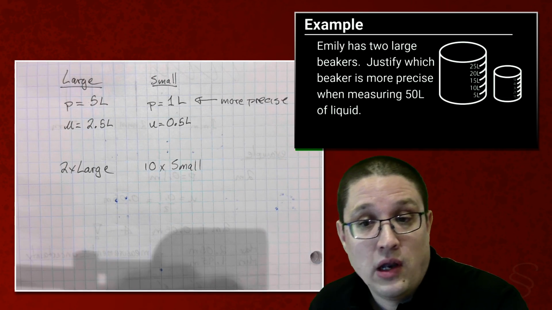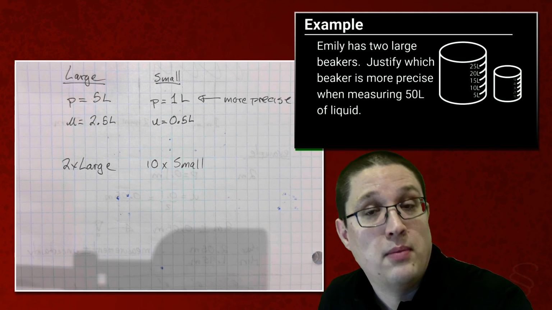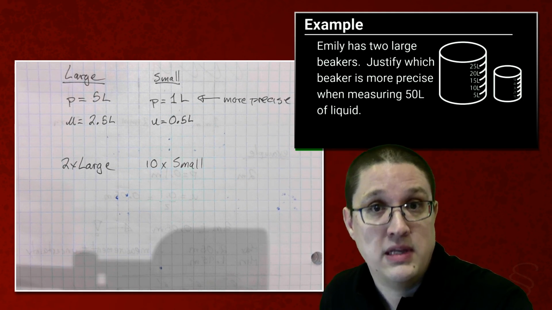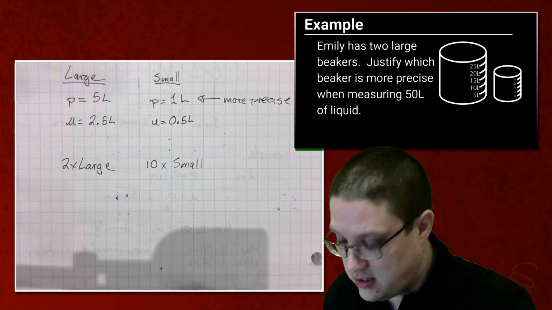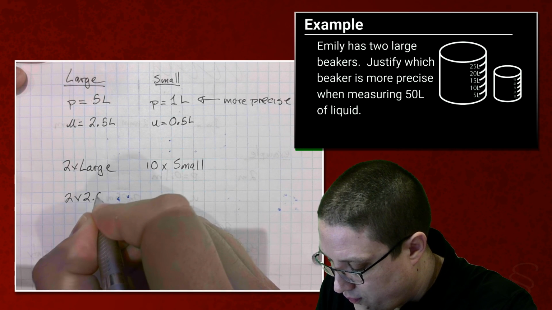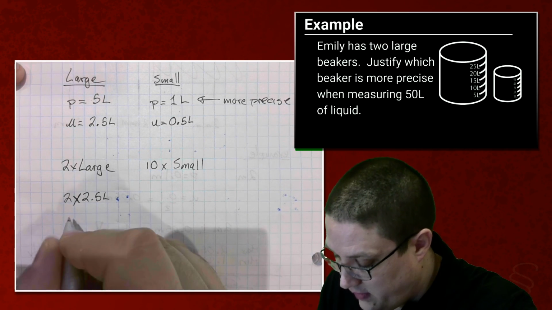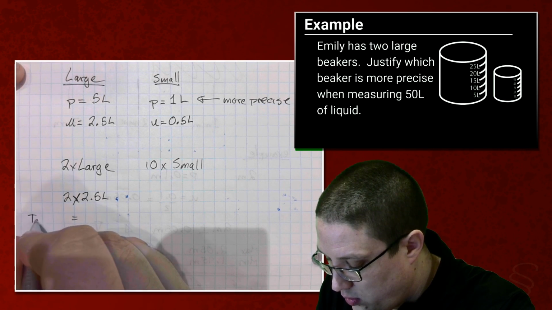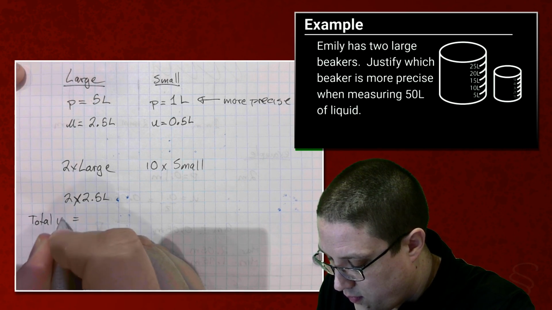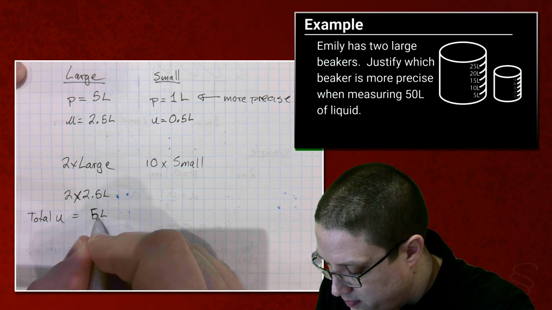If I'm using the large container twice, that means that I would need to double my uncertainty. I'm making 2 measurements, so I would need to add the uncertainties. So my uncertainty would be 2 times 2.5 liters, which means my total uncertainty here would be 5 liters.